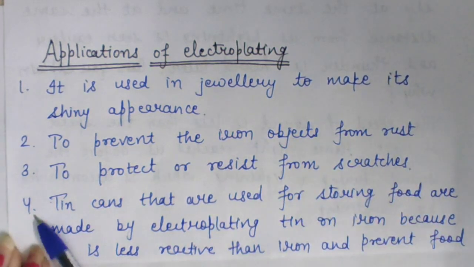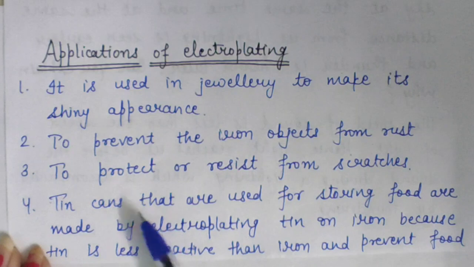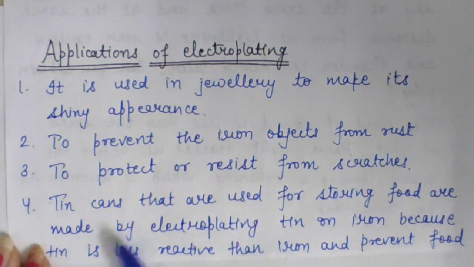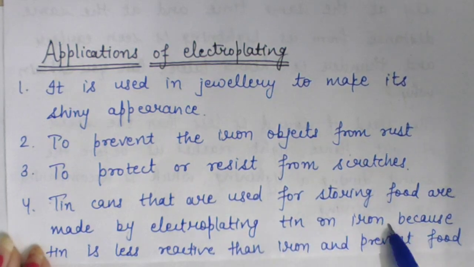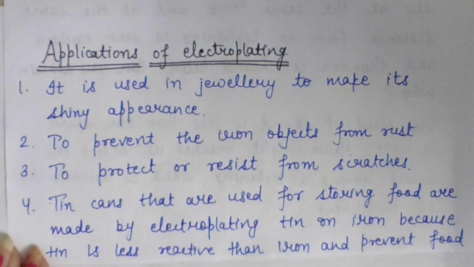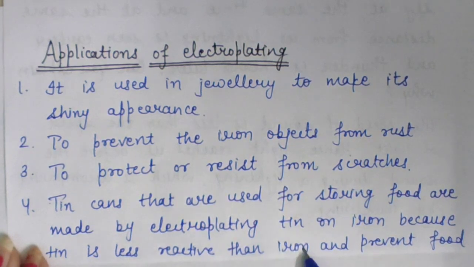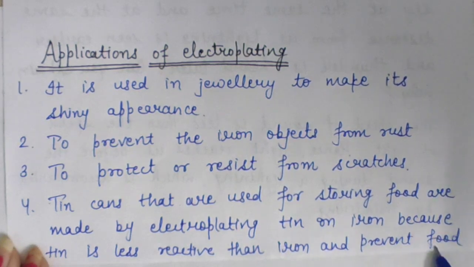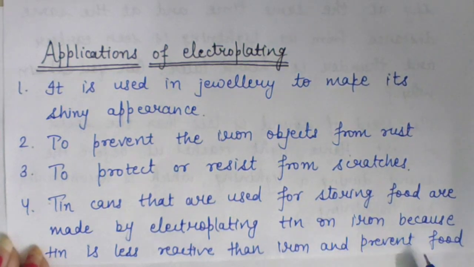And the last one is, tin cans that are used for storing food are made by electroplating tin on iron, because tin is less reactive than iron and this prevents the food from getting spoiled. So these are the various applications of electroplating.